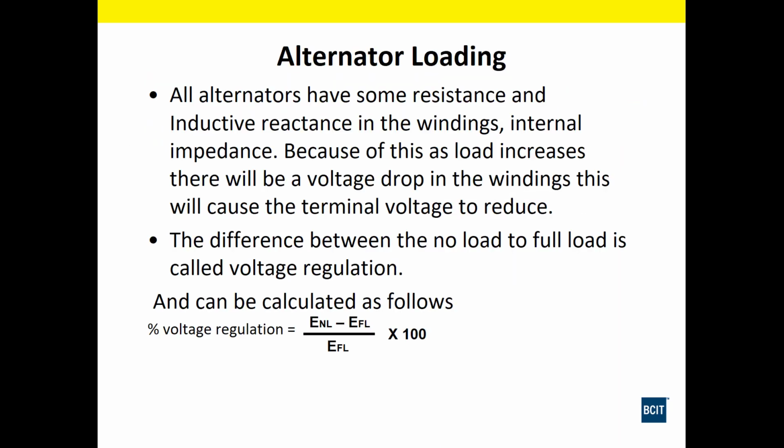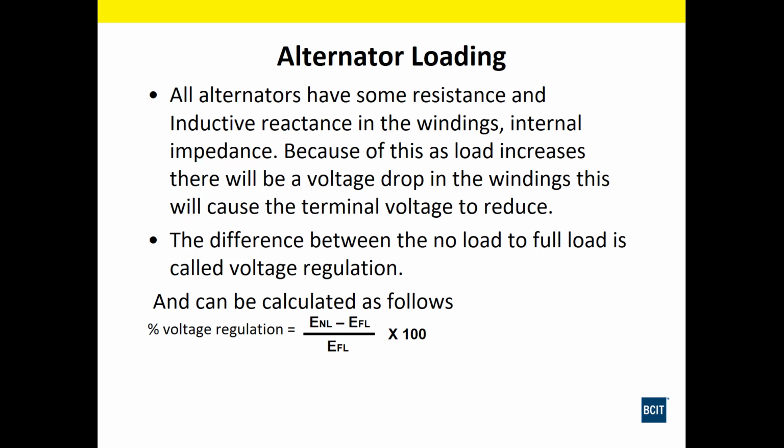Alternator loading. Okay, all alternators have some resistance and inductance inside them, right? A combination of those we call the internal impedance. Now what's going to happen when our current to our loads increases is we're going to have more current going through our alternator windings. That's going to give us some voltage drop in there.